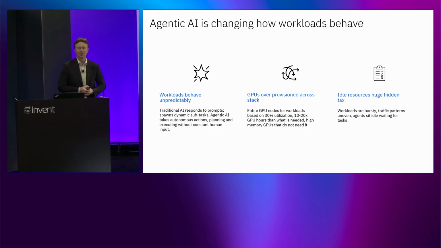And ultimately, you end up with a situation where these idle resources just sit there because they're afraid of this performance risk, and then ultimately become very wasteful and a hidden tax upon the organization. So you really need to consider, how can I make sure that my resource usage is dynamic, just as the agentic AI and AI apps are dynamic themselves based upon their nature.